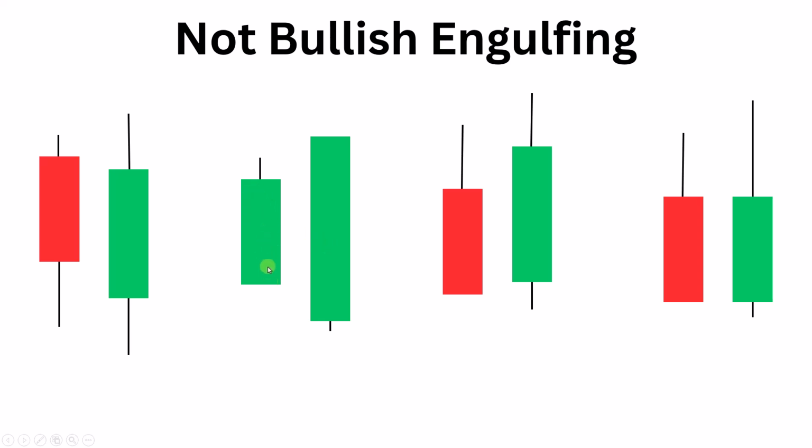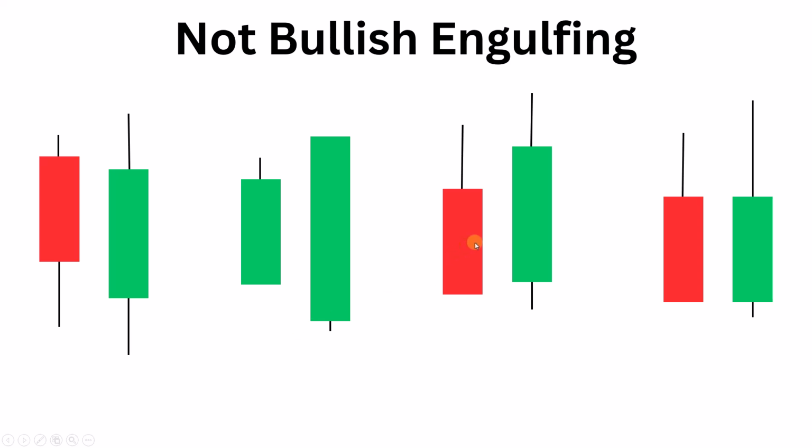Only if we have a red candle and then a green candle, we consider it to be a bullish engulfing pattern. Now, it does not matter whether the price has gone up from here. It does not matter whether the price has gone up from here. We do not consider this to be a bullish engulfing pattern.